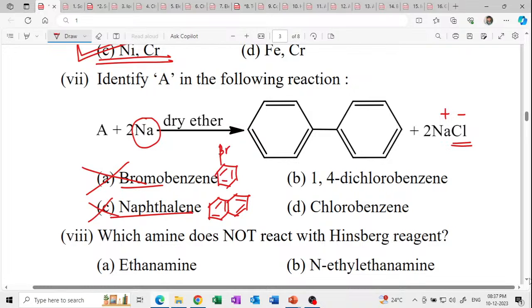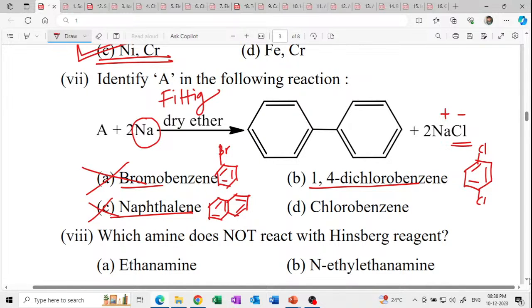Next is 1,4-dichlorobenzene. There are two rings, and the chlorines are twice. So this reaction is called the Fittig reaction. In the Fittig reaction, chlorobenzene is used.